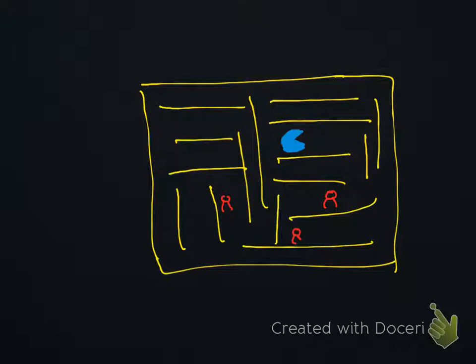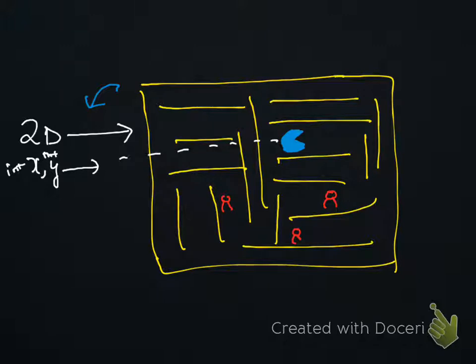Let's say I want you to implement this game using a programming language. Then again, if you start thinking in terms of C and a procedural language, you'll have to start right away with the data structures. As an example, you might think that yes, I need a 2D matrix to represent this board. Then I need an XY location, which is nothing but int x and int y, two variables which store the location of the Pac-Man.